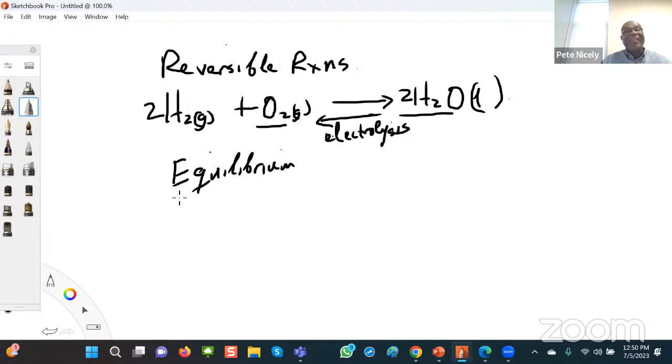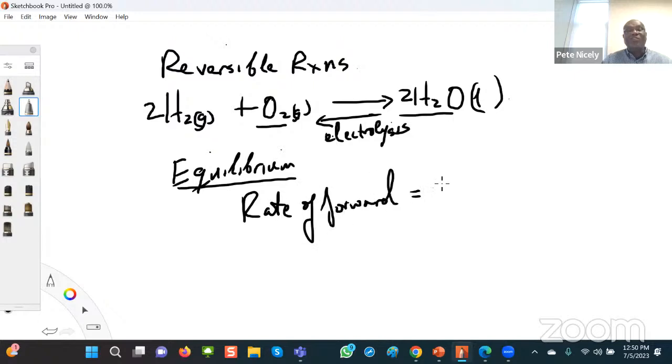Well, a reaction system is said to achieve equilibrium when the rate of the forward reaction is equal to the rate of the reverse reaction, all right? So you can have both the forward reaction and the reverse reaction occurring simultaneously, right? But there's a special state known as the equilibrium state where the rate of the forward reaction is equal to the rate of the reverse reaction, all right?